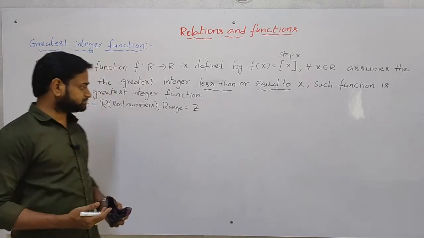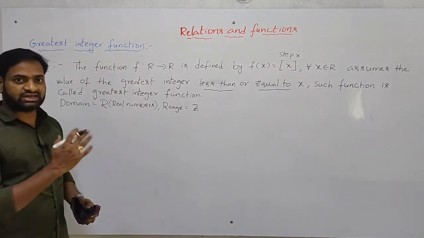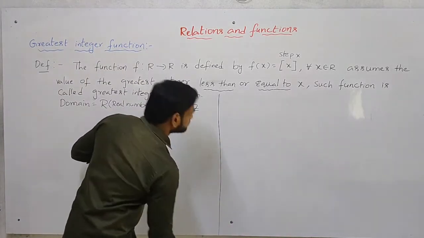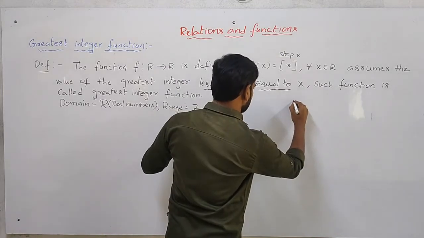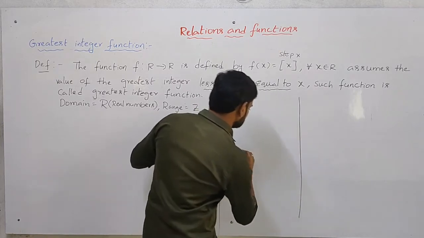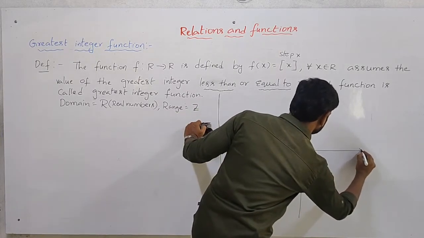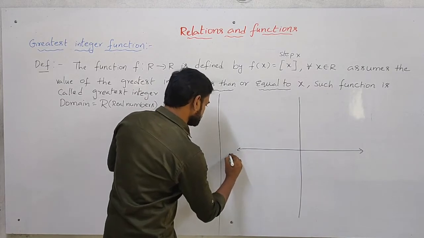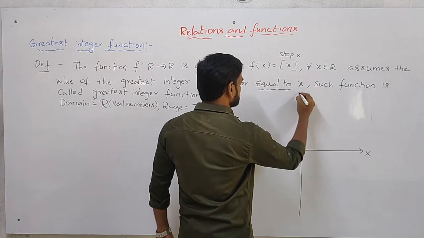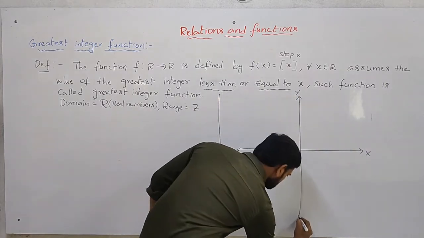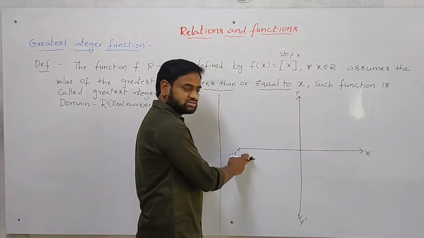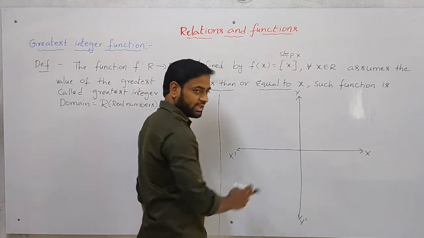For the graph and values, simultaneously I am taking. See here: positive x-axis, negative x-axis, positive y-axis, negative y-axis.